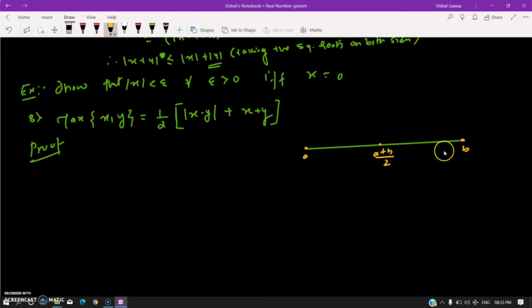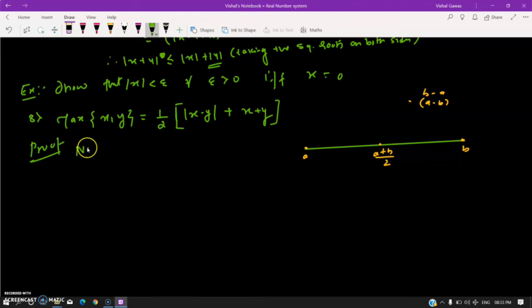And what's the distance? First of all, the distance from B to A would be nothing but absolute of A minus B. So let's write that down. Either it is B minus A, or it is A minus B and it's negative. Both are equal in absolute value anyway.